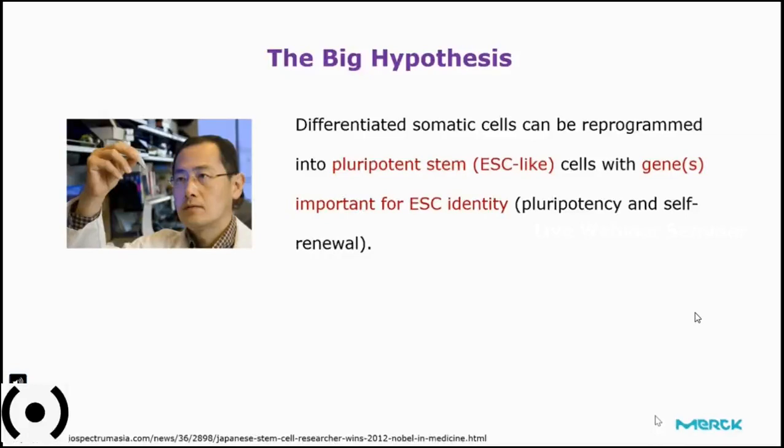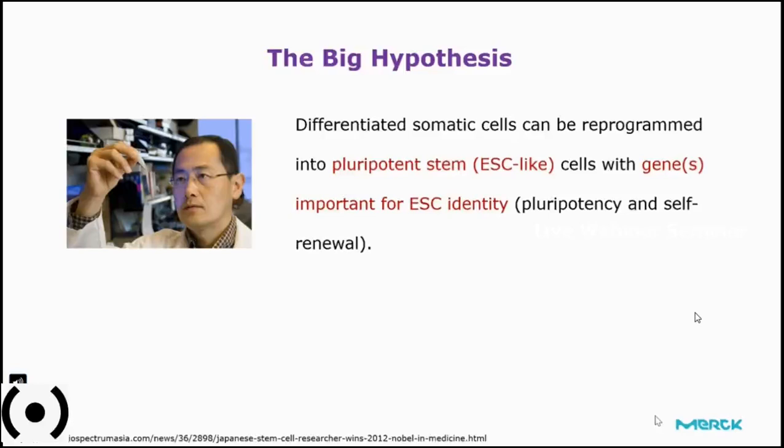I'll repeat the hypothesis. Differentiated somatic cells of our body can be reprogrammed into pluripotent cells, similar to embryonic stem cells, with a certain number of genes which are important for the embryonic stem cell identity.